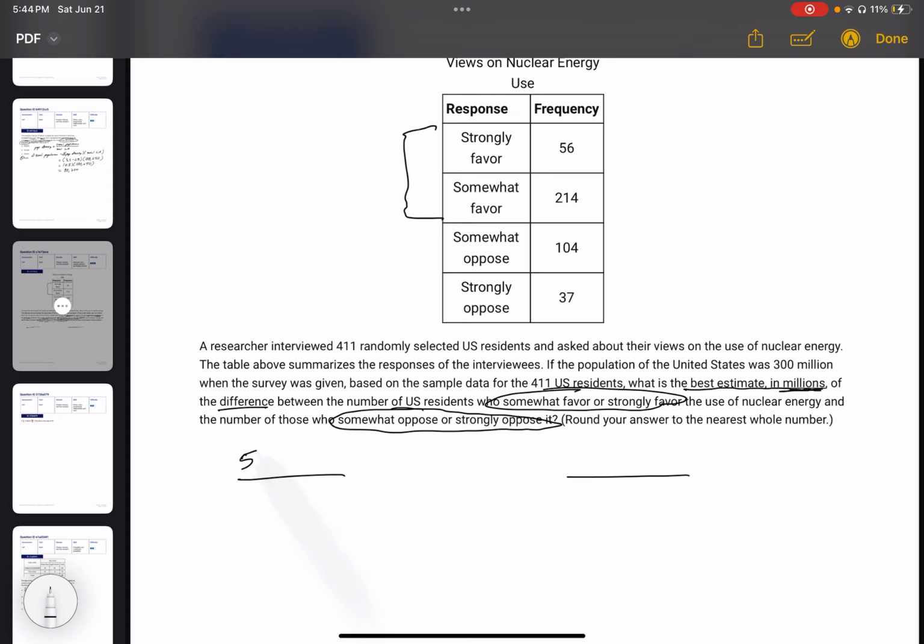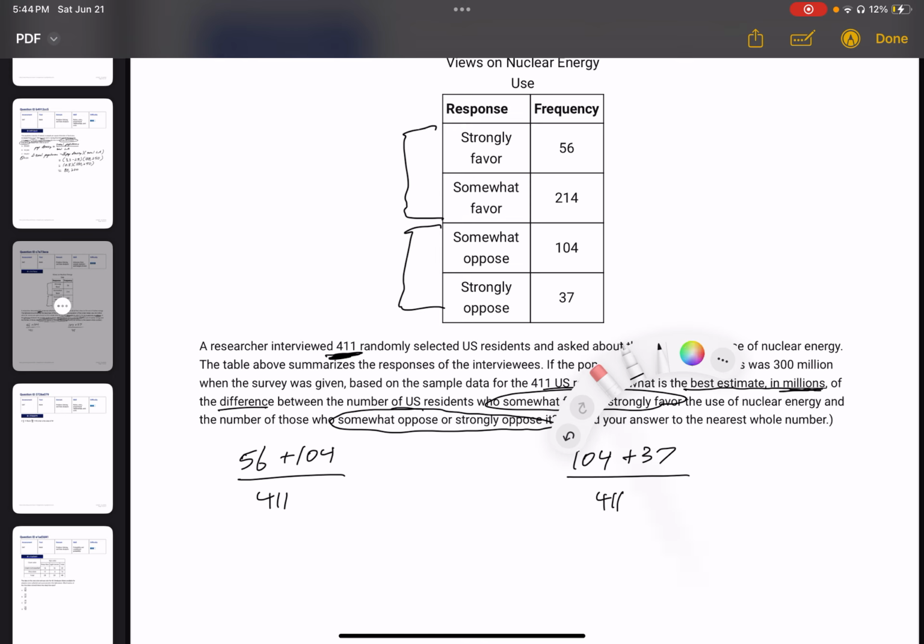So this is going to be 56 plus 104 over 411, because that's our total number of responses from the survey. And then this is also going to be over 411, but for somewhat oppose or strongly oppose, 104 plus 37. Oh, what am I doing? This is not 104 over here. This is 214. Don't know where I got that from.